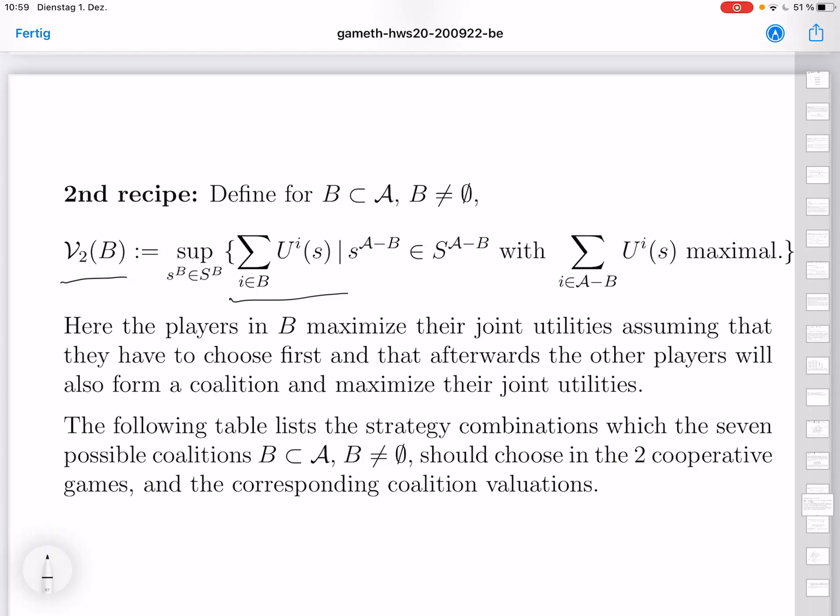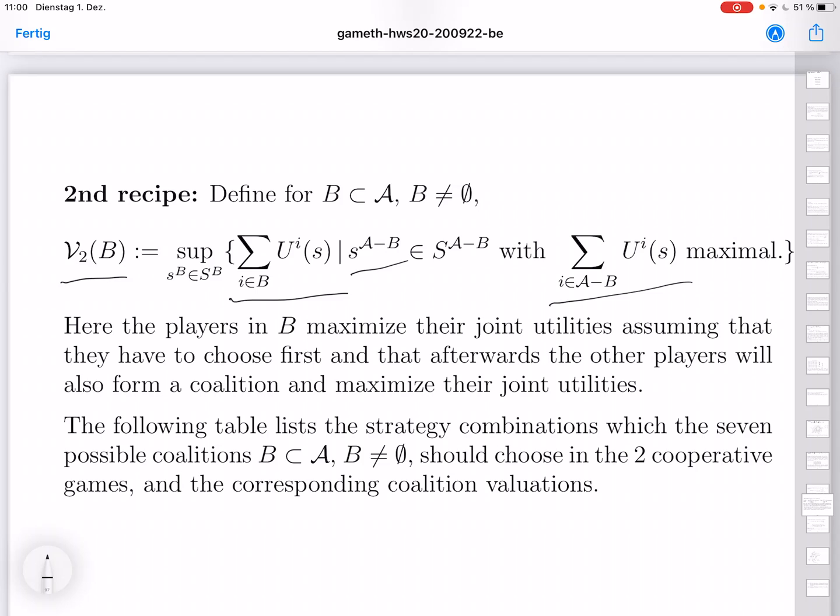But now the other players don't care about the utilities of the players in the subset B. They care about their own utilities. More precisely, they care about the sum of their own utilities. So whatever partial strategy combination the players in the subset B have chosen, the others will choose their partial strategy combination, which is here, in order to maximize the sum of their utilities.